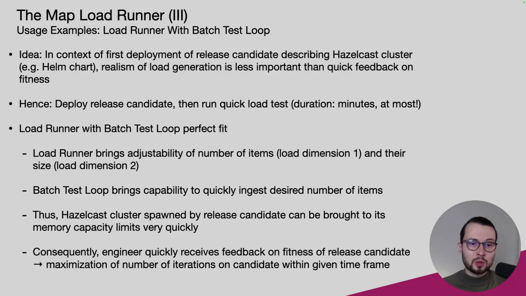So the load runner in combination with the batch test loop is, as it turns out, a perfect fit for that. Because the load runner brings adjustability of the number of items, that is, load dimension 1, and their size, that is, load dimension 2. And the batch test loop brings the capability to quickly ingest this desired number of items.